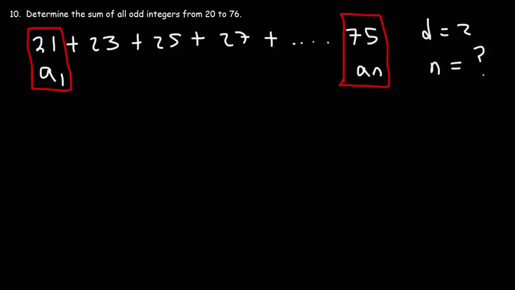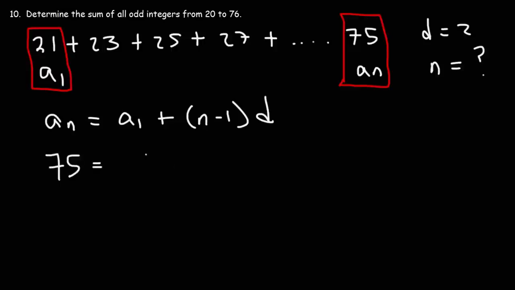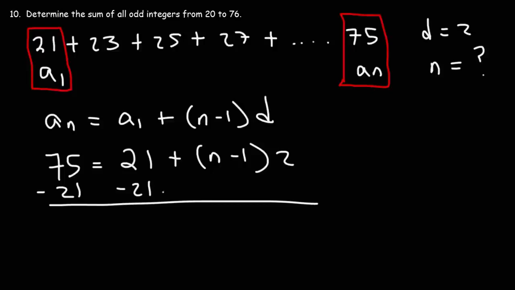So what is the value of n? So we need to use the general formula for an arithmetic sequence. So a sub n is 75, a sub 1 is 21, and the common difference is 2. So let's subtract both sides by 21. 75 minus 21, this is going to be 54.